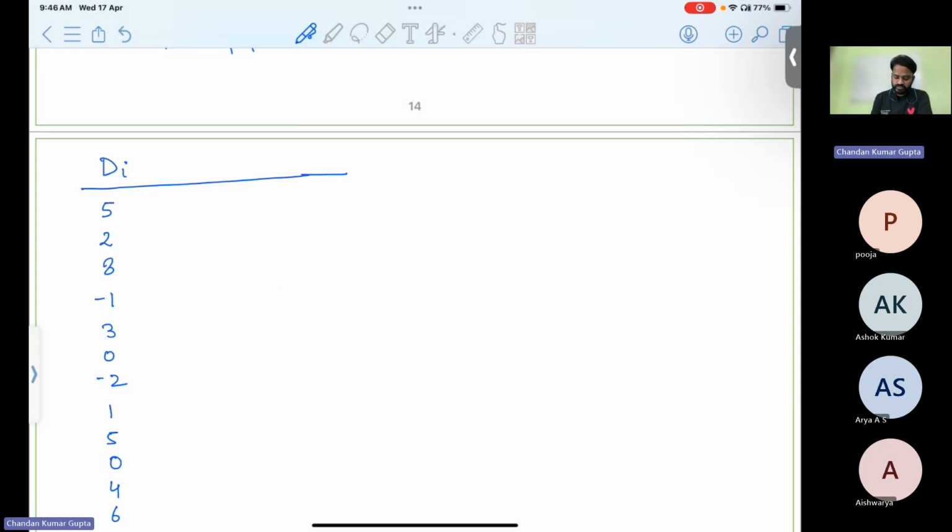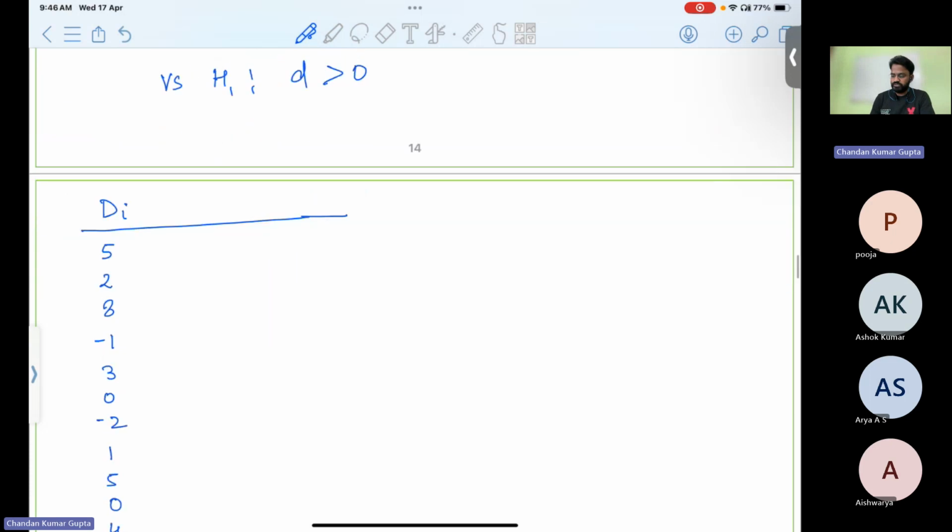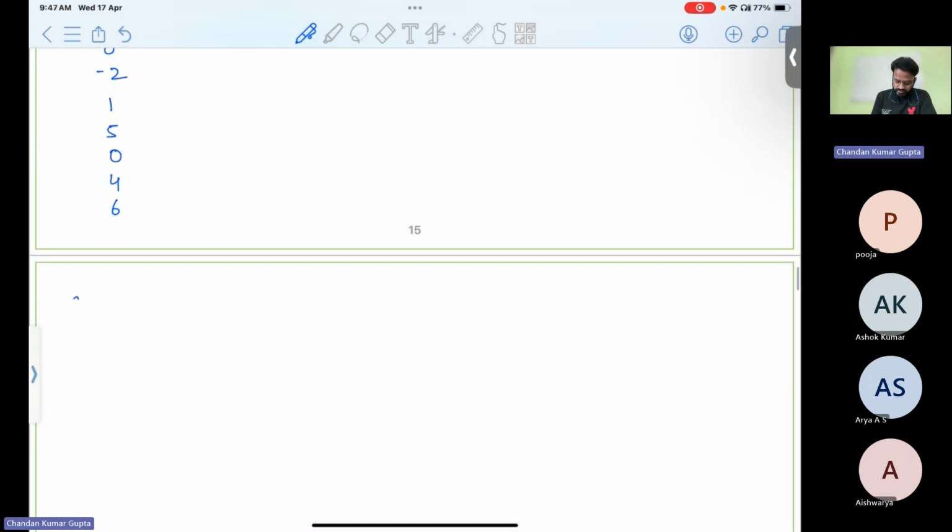Now, the next step is the test statistic. In this case, this is a paired test. So in this scenario, the test statistic is T, which is equal to root n times d bar, the mean of the difference, divided by SD, the sample standard deviation of the difference.